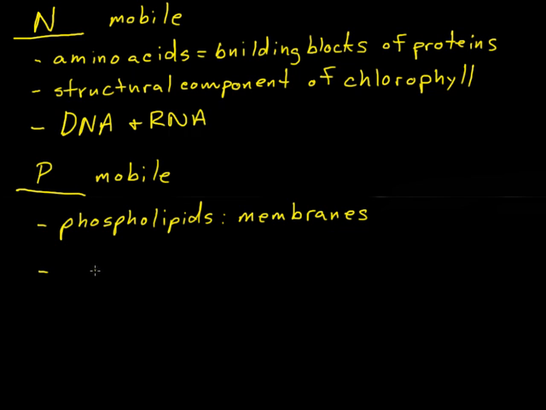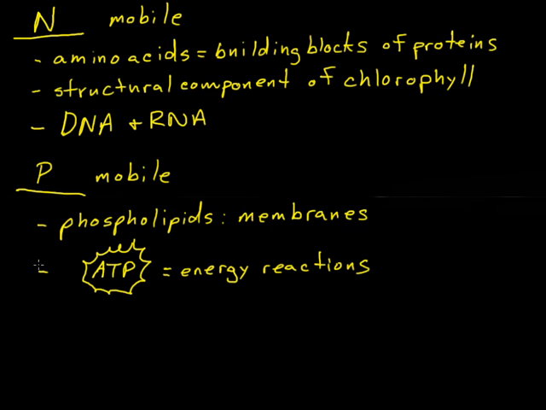Phosphorus is also part of the structure of a molecule called ATP, and we talked about that recently, and I always drew the comic book explosion around it, and basically that is used for energy transport, or let's say energy reactions. P is short for phosphorus, and there it is right in the name. Phosphorus, like nitrogen, is also part of DNA and RNA molecules. So those are three main physiological roles for phosphorus.